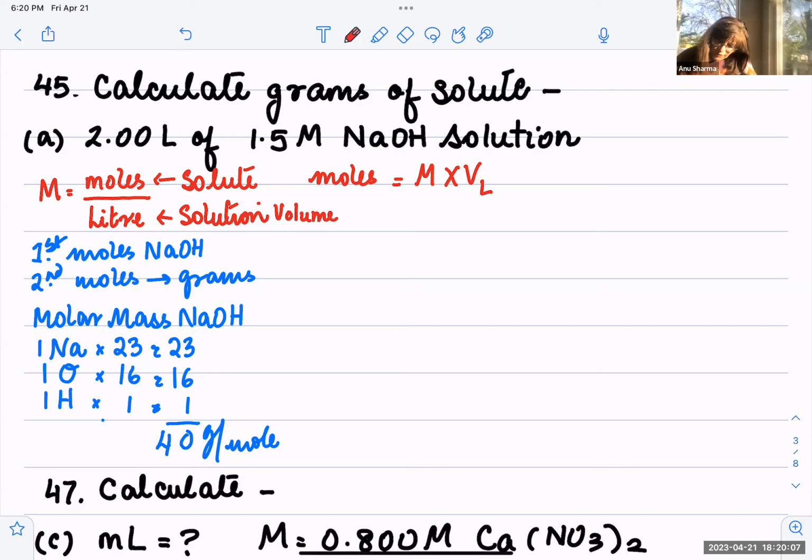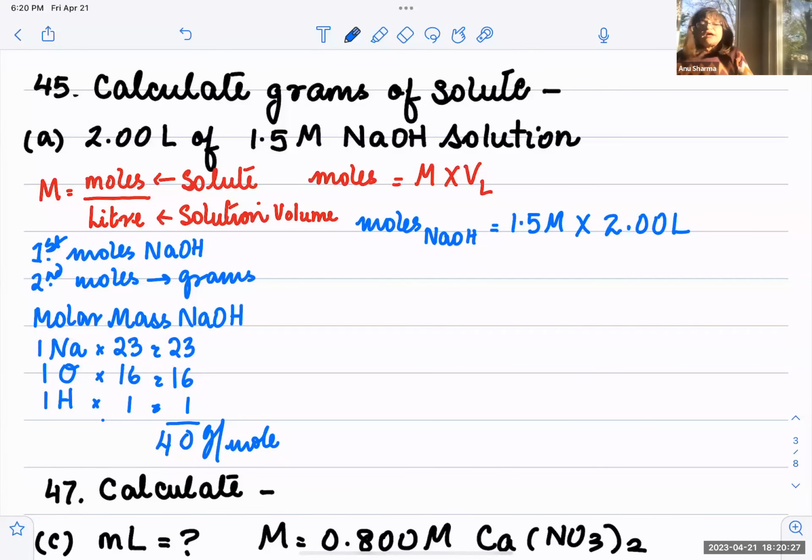Now, moles of NaOH is equal to the molarity. The given molarity is 1.5 M, times the volume. The volume is 2.00 liters. In this case, liters is given, but if milliliters is given, you need to convert it into liters.